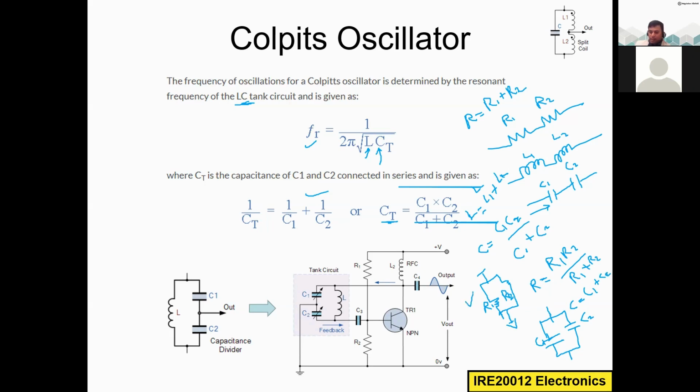For a resistor in parallel we use this formula, for a capacitor this formula, but in series it's the opposite. Also, you have to remember the resonant frequency formula: 1 divided by 2 pi square root of LC.